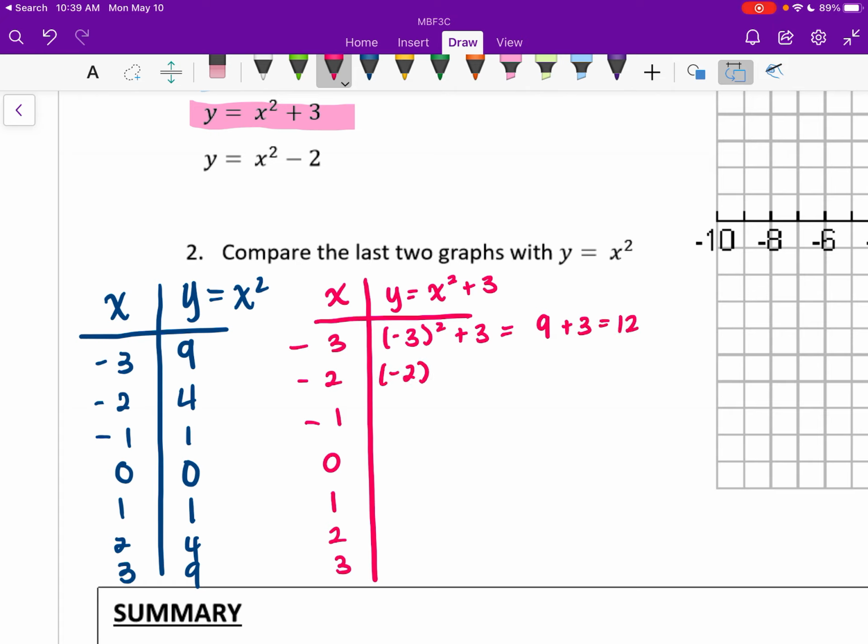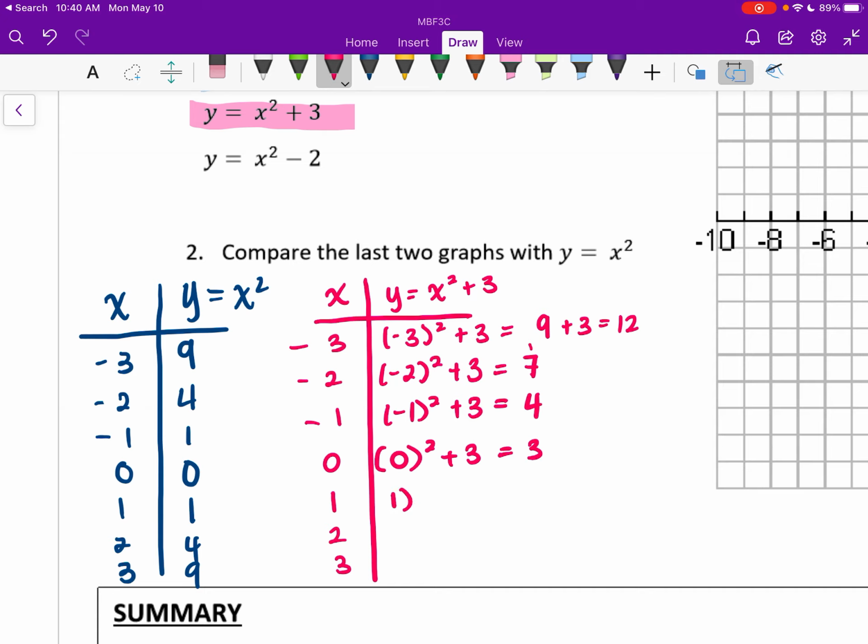Same thing here, -2 squared plus 3. -2 squared is 4 plus 3 is going to give me 7, right? Same thing, -1 squared plus 3. -1 squared I know is 1 plus 3 is 4. 0 squared plus 3. 0 squared is 0 plus 3 is 3.